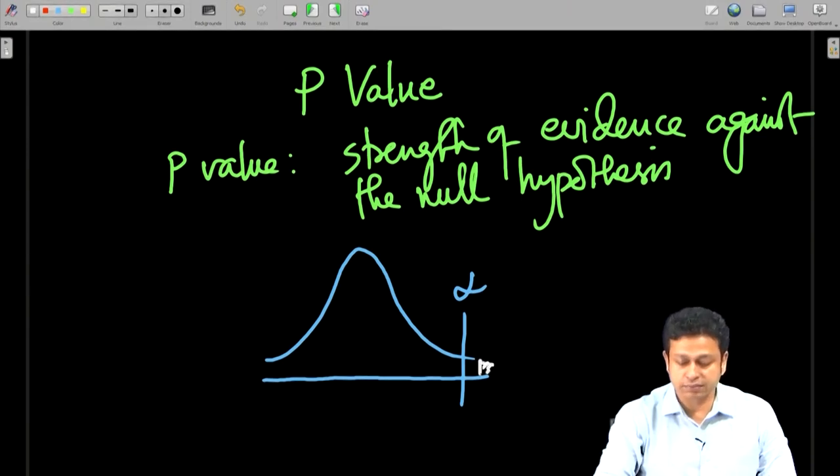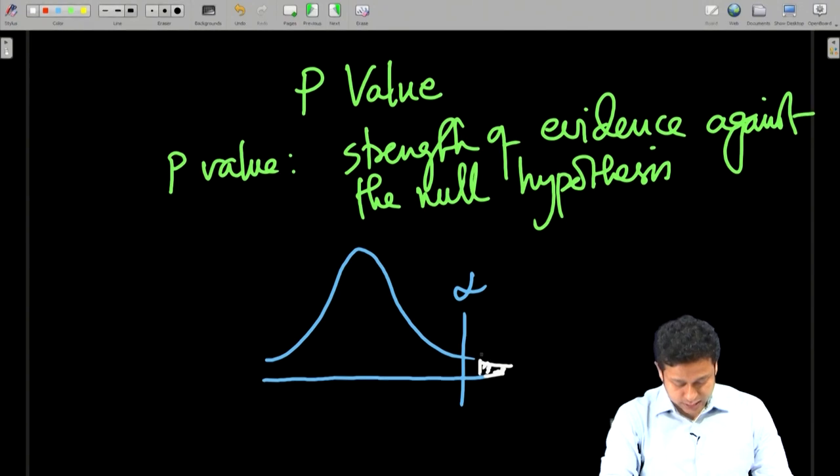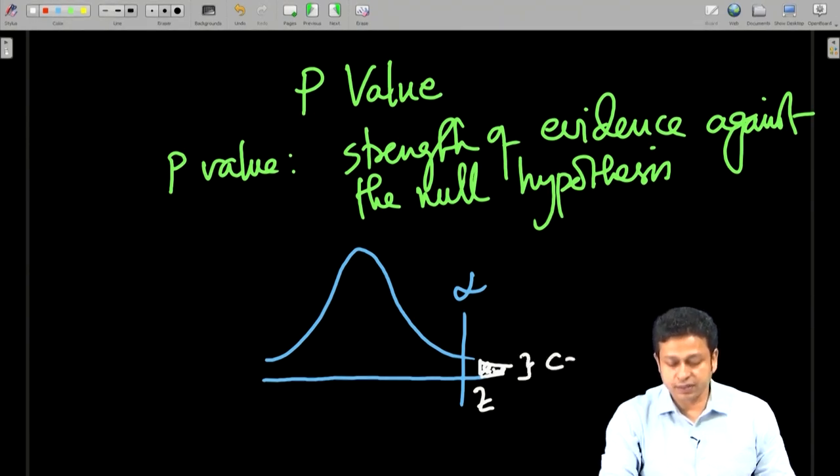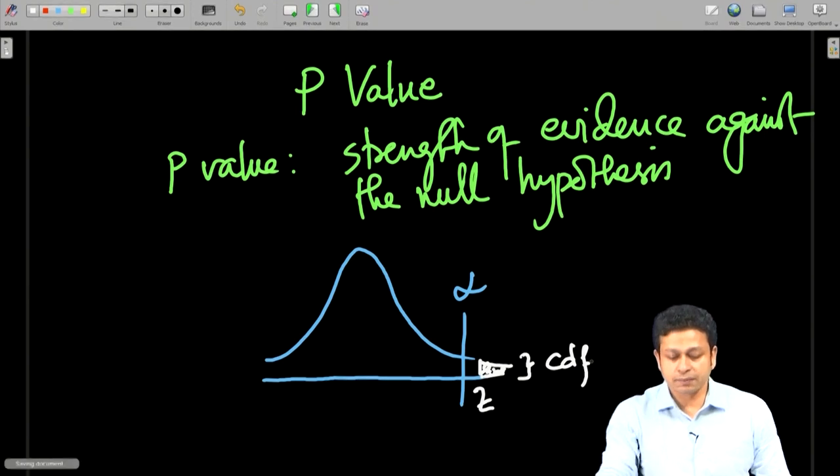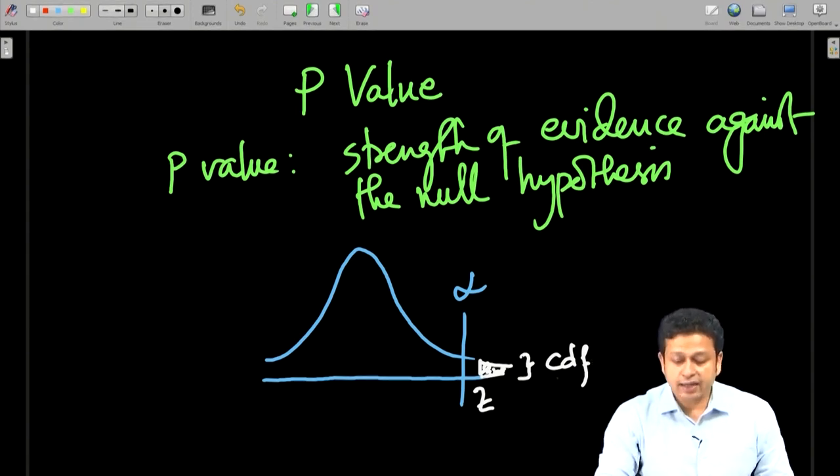Let us say this is the p-value here, I obtain the p-value, and depending on my z I will have my p-value. And if I have a very small p-value here, let us say this is the CDF, cumulative density function, we will just talk about it for z. And if the p-value is very small, then we say that we reject the null hypothesis.